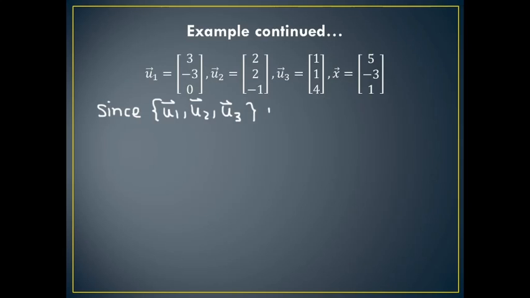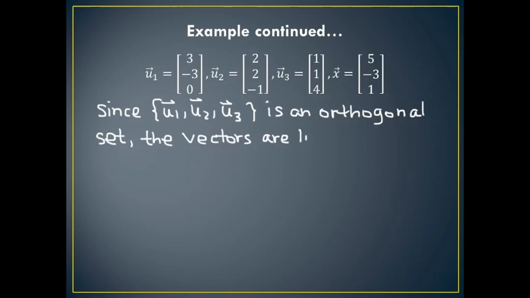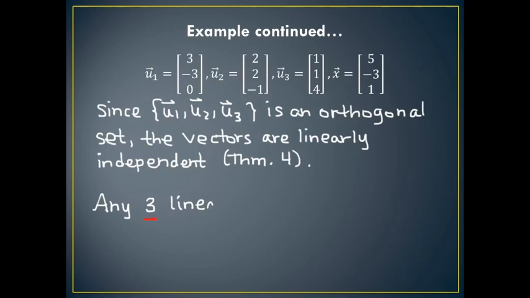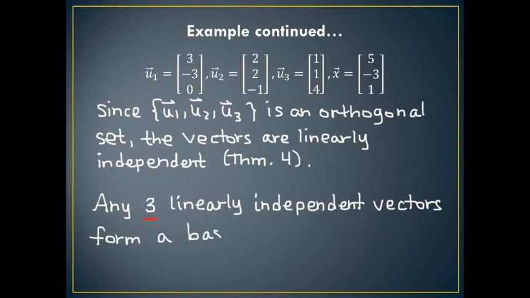Since u1, u2, u3 is an orthogonal set, the vectors are linearly independent, and that's by Theorem 4. That was one of the theorems we just went over. And then we have this rule from earlier in the term that any 3 linearly independent vectors in R3 form a basis for R3.